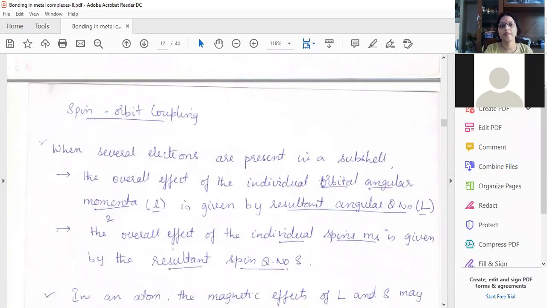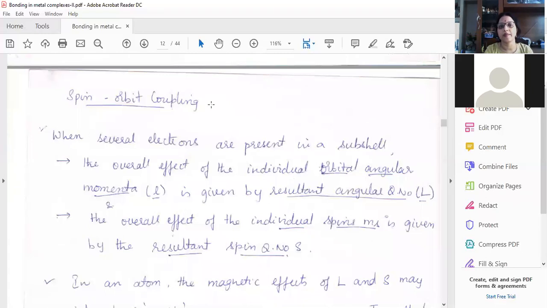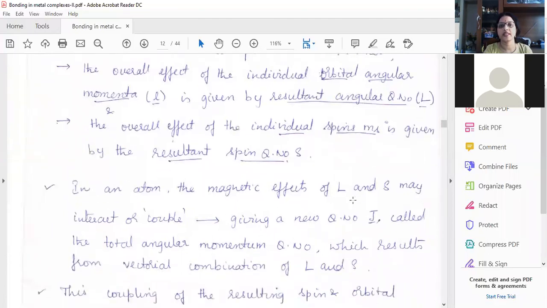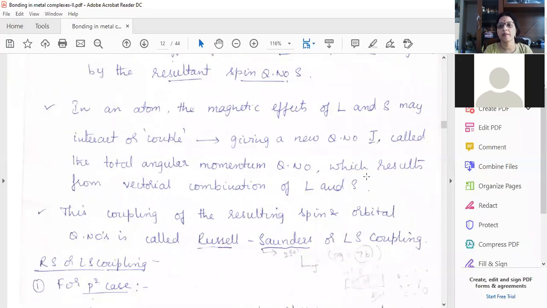Now we'll couple both the spin and orbit coupling. The resultant, whatever you get by coupling the capital L and the capital S, is nothing but one more quantum number known as J. You are coupling the total orbital angular quantum number as well as the total spin angular quantum number.